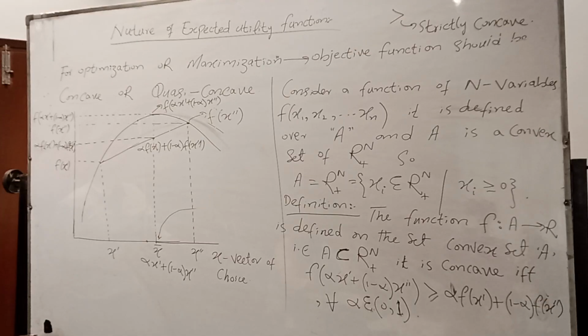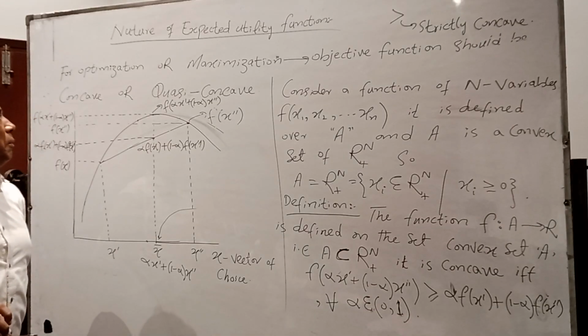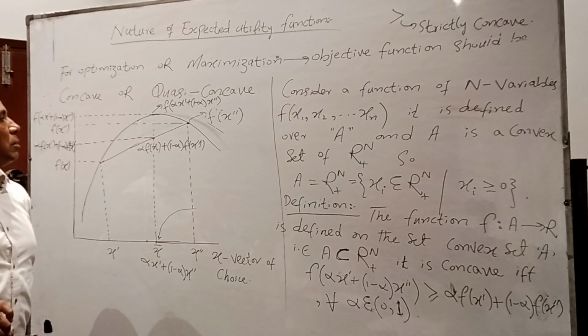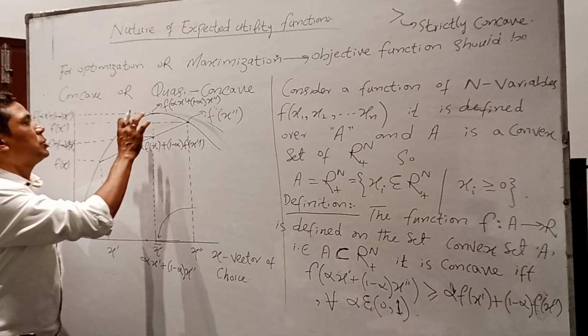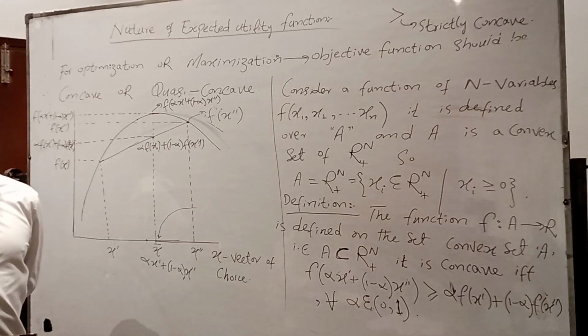So now that is actually a strictly concave function. Okay, why? Because the linear combination of this function will never be equal to this value, for all the linear combinations.